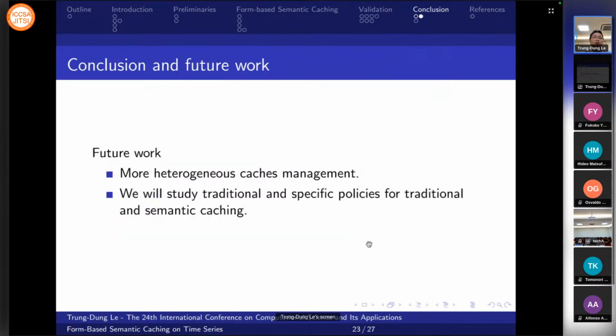For future work, we can improve our method with more cache management, and we will study traditional and specific policies for traditional and semantic caching.